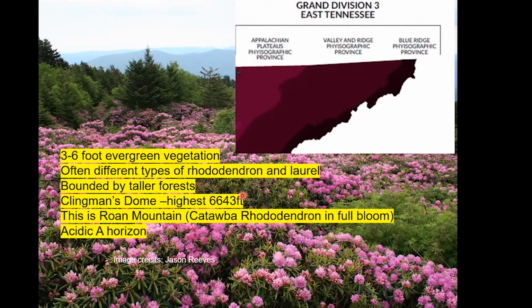But here you'd see these beautiful rhododendron areas, laurel type plants. Again, a late spring bloom, you'll see these beautiful flowers. And that's going by the soil and the climate and the elevation; they wouldn't grow as well at a lower elevation.